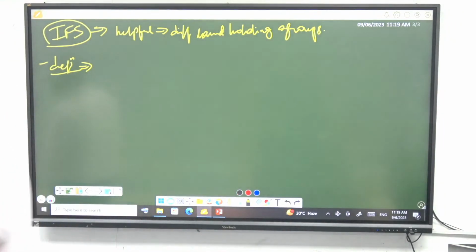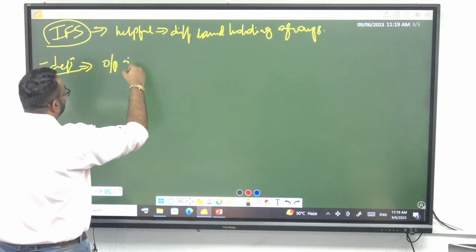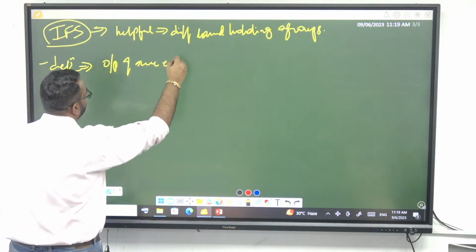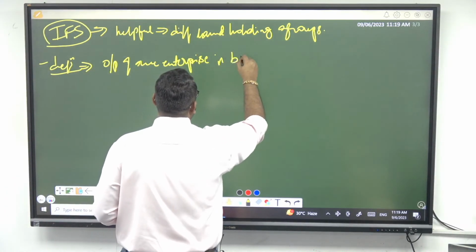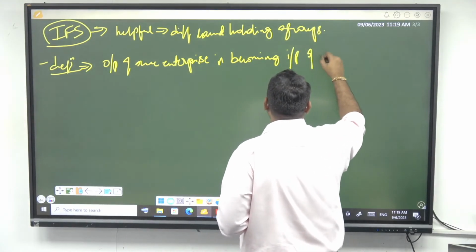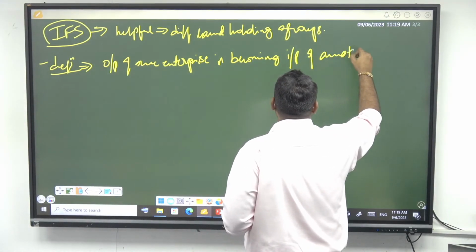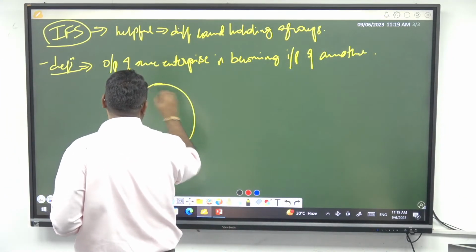That is correct. But the major thing here is that the output of one enterprise becomes the input of another. Yes or no? After this you can give one small model.